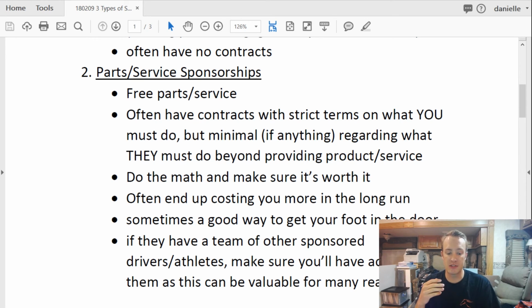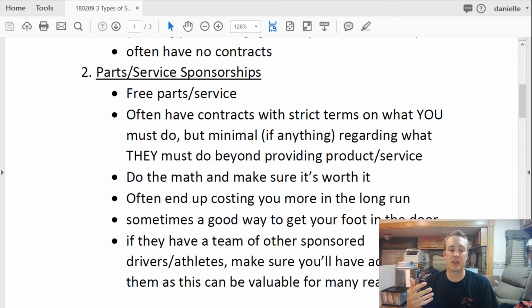Make sure it clearly spells out what you're going to do and what they are going to do as well. You just want to cover yourself. You don't want a company to come back and say, oh, I don't remember what we did for you.